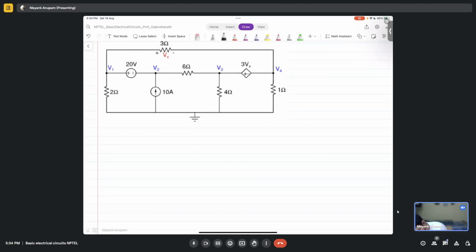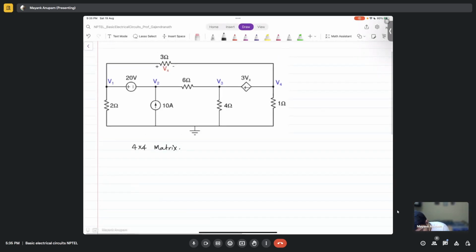This is a 4 cross 4 matrix, right? 4 cross 4. Yes. So quickly tell me the entries, and then you and I both can go home and relax.